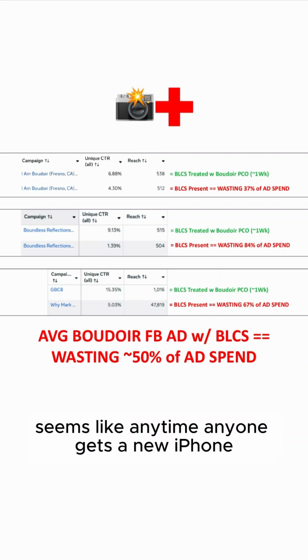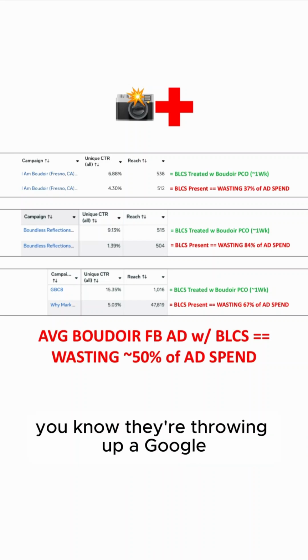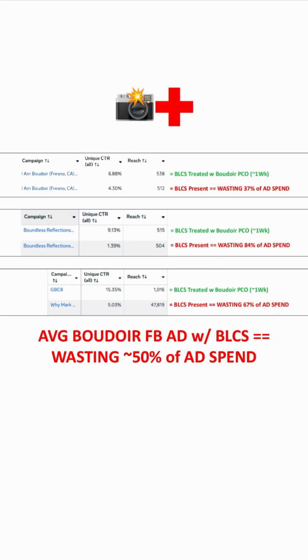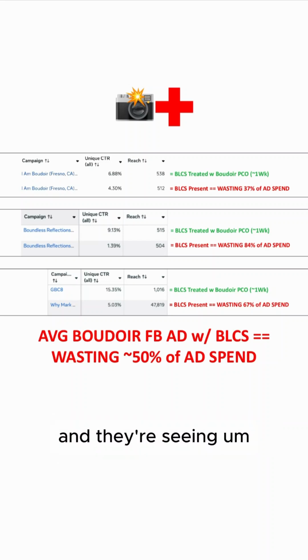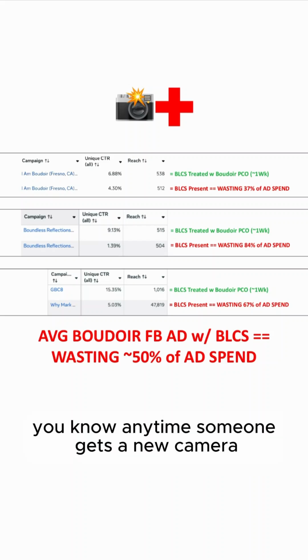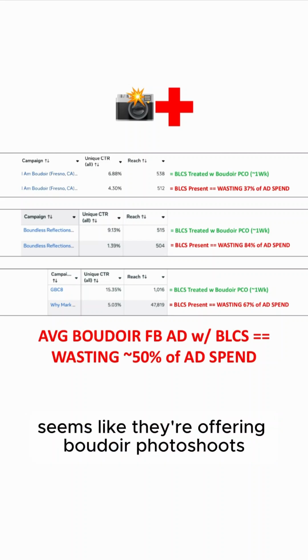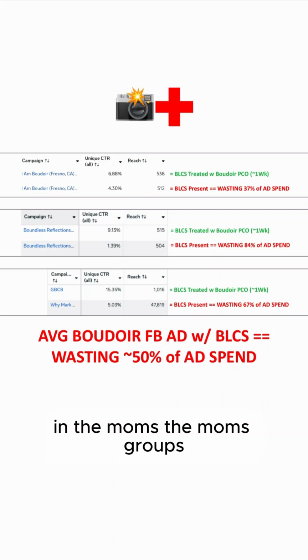Seems like anytime anyone gets a new iPhone, they're throwing up a Google My Business profile saying that they offer boudoir photo shoots. Anytime someone gets a new camera, seems like they're offering boudoir photo shoots in the moms groups.